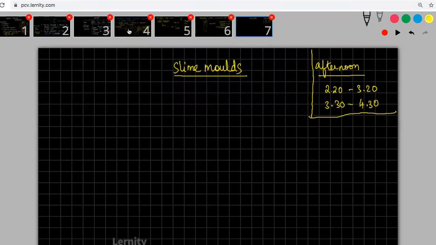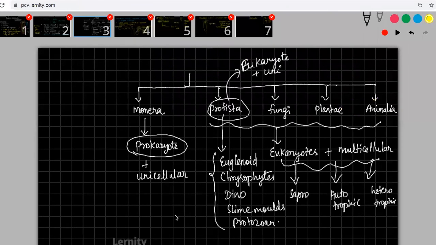With this, we have completed the photosynthetic part. While we are studying this Protista, inside it you have 3 things which you have studied. These 3 things will come under photosynthetic. And you have the slime molds.